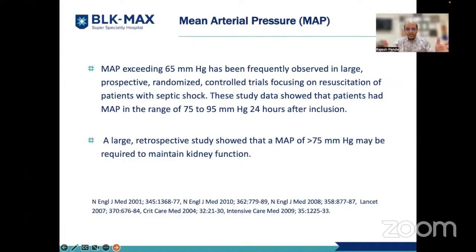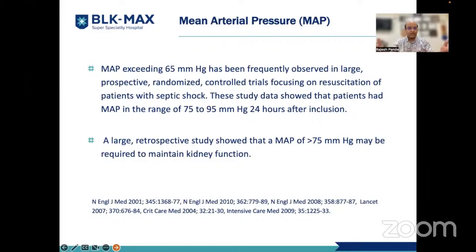Some of the large-scale studies, these were New England Journal studies, found that MAP exceeding 65 millimeters of mercury was frequently observed in large prospective randomized controlled trials, which were basically resuscitation trials focusing on septic shock. These data suggested that patients had MAP in the range of 75 to 95, 24 hours after inclusion.